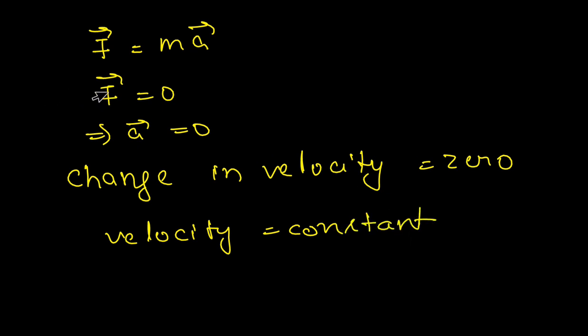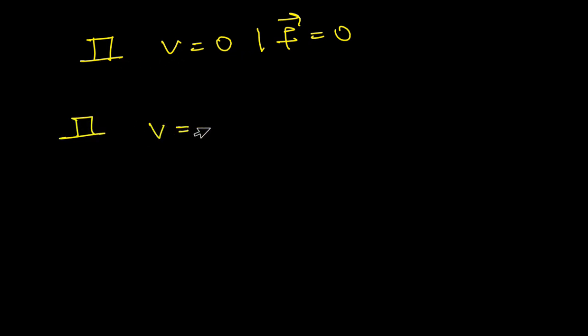This means if external force is 0 on the body, then velocity of the body will be constant. So for a body at rest, velocity is 0, and if no external force is acting, that is F is equal to 0 on this body, then this velocity will be constant, which means this velocity will continue to be 0. If velocity of body is some constant a, then it will continue to be a. That is, if external force on the body is 0, then body will continue to move with velocity a.